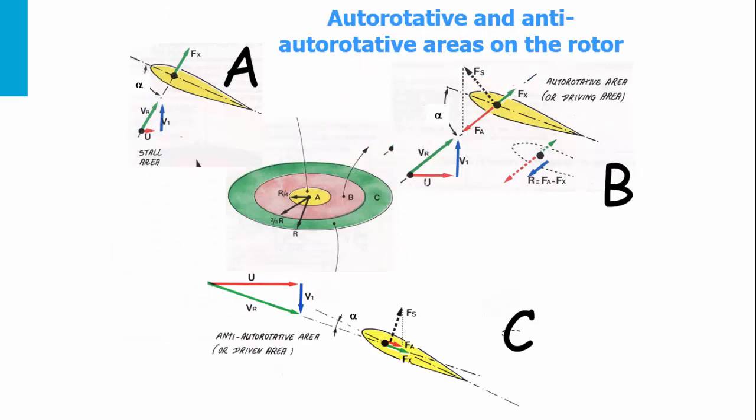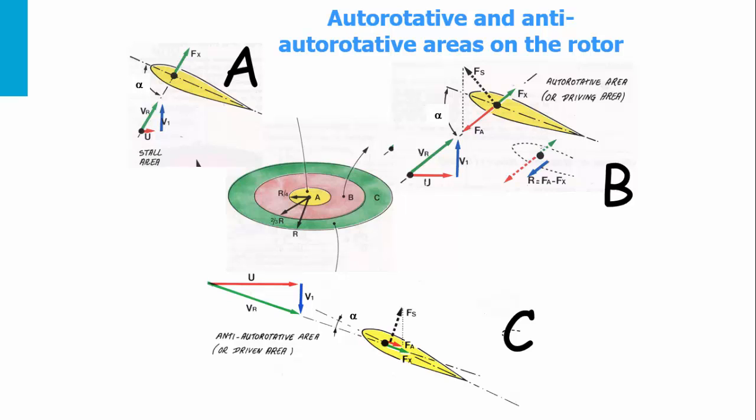In autorotation we can divide the rotor in three areas, A, B and C. In area A, the angle of attack is very high, the omega r is very small, and actually the rotor is stalling. In region B, you see that alpha, the angle of attack, is still high, but the lift is directed forward. So we are generating propulsive forces.